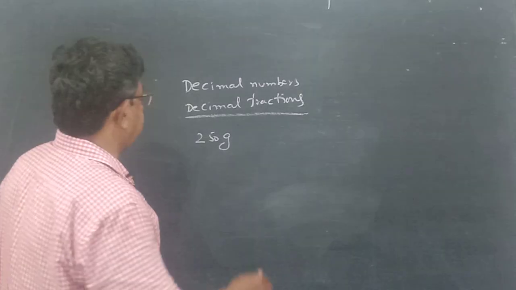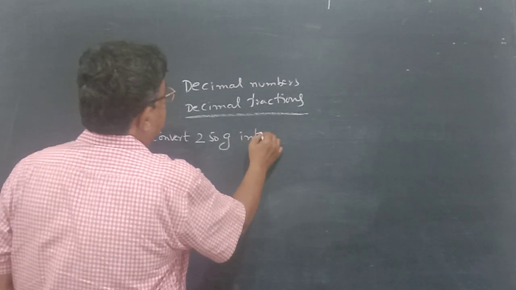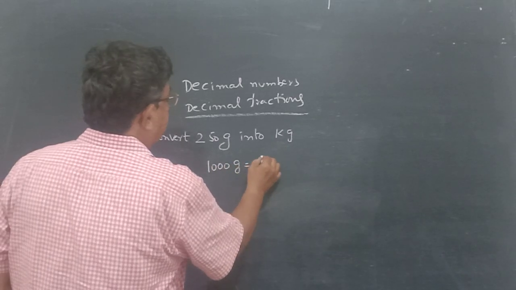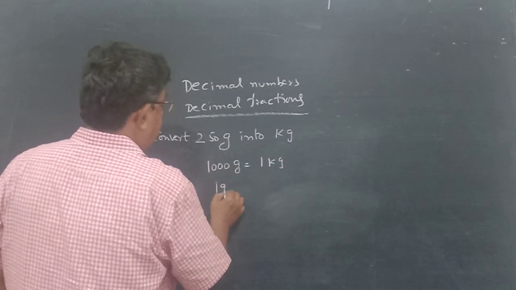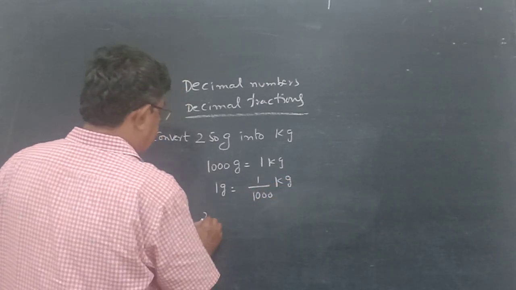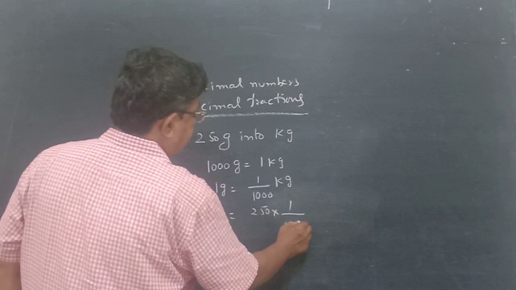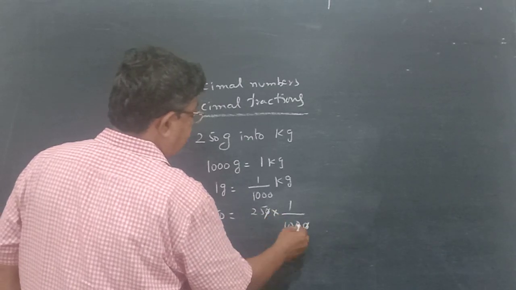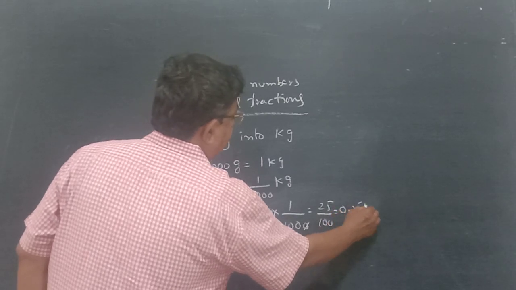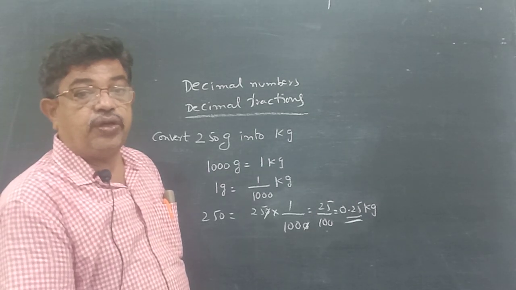Convert 250 grams into kilograms. 1000 grams equal to 1 kilogram. 1 gram equal to 1 by 1000 kilogram. 250 grams equal to 250 into 1 by 1000. 10 cancels, you get 25 by 100 is equal to 0.25 kilograms. So we converted the value of grams into kilograms.